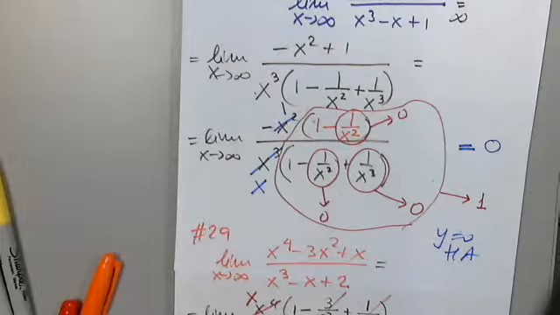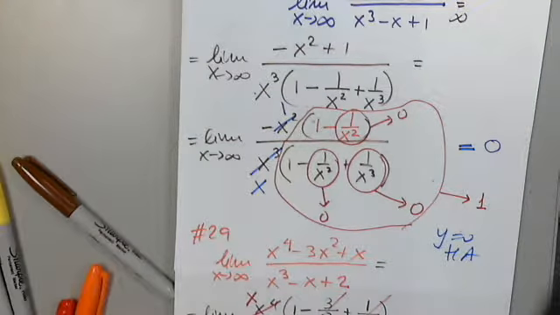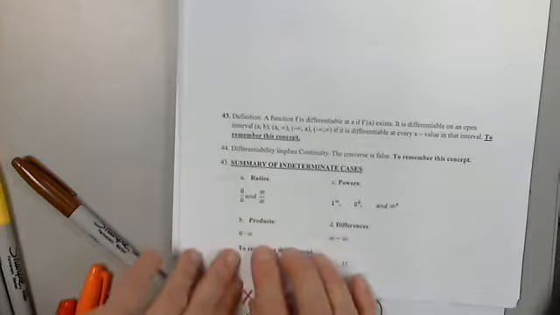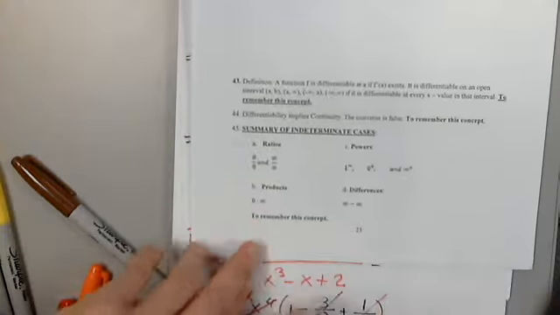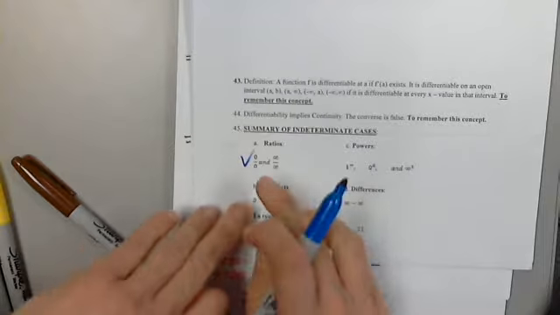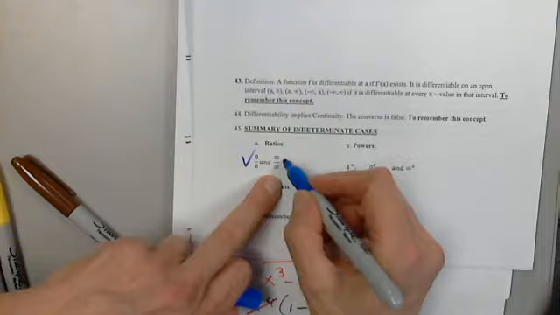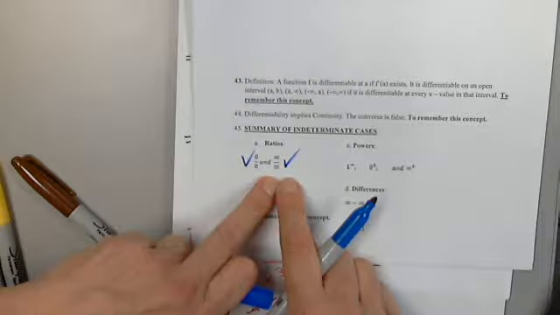Going back to our checklist, at the very last page we have the list of 7 indeterminate cases. So this is the only one we have encountered up until today. This is the other one that we are just looking at, the infinity over infinity.